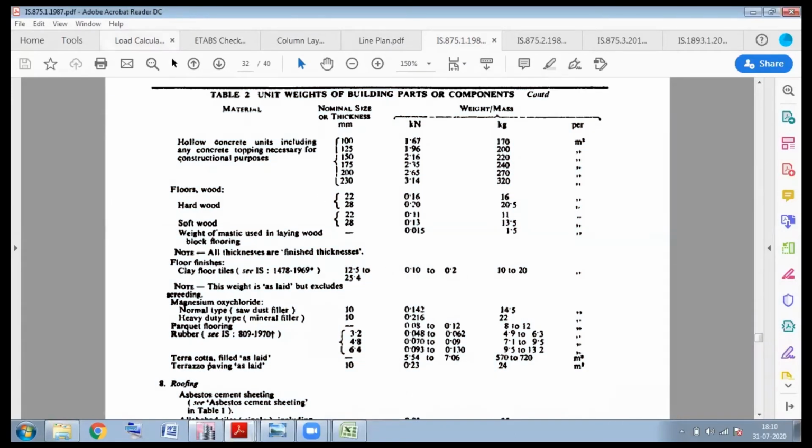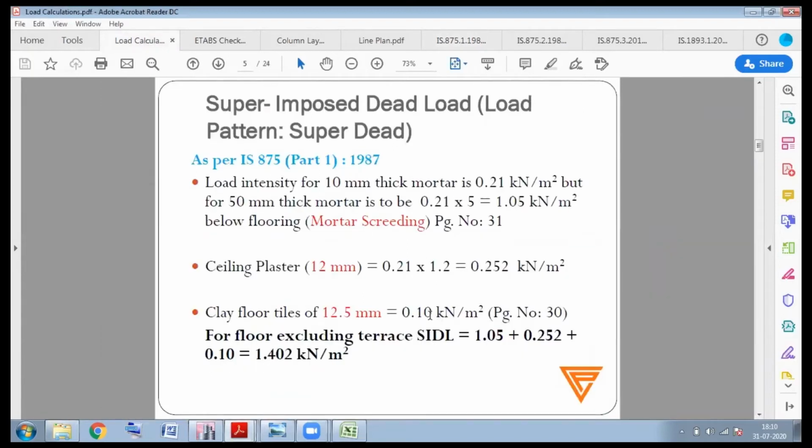So for 12.5 mm thickness, the value is 0.10 kilonewton per meter square. So the total load acting upon the slab excluding terrace, okay, note the value, that is the super SIDL, nothing but superimposed dead load, is equal to 1.05 plus 0.252 plus 0.10, that is equal to 1.402.